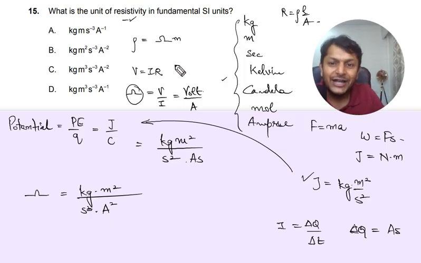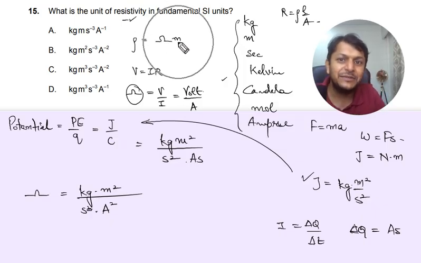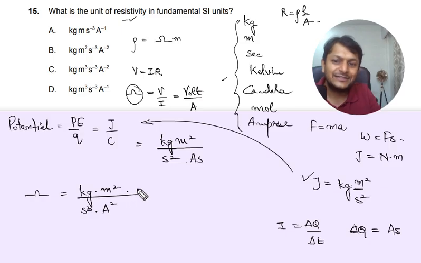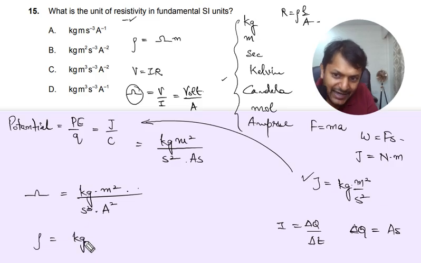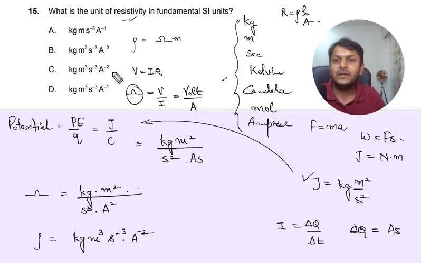So this is ohm. Now this ohm is later multiplied by meter, so this is again multiplied by meter. So for the resistivity it is kg meter cube second minus 3 ampere minus 2.